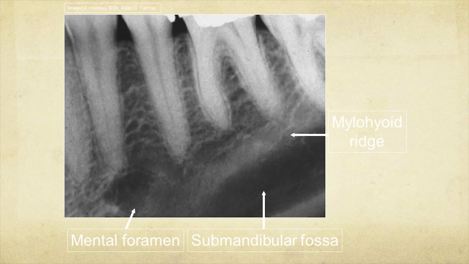Along with this, sometimes it's very common to get your normal anatomic landmarks mixed up with a pathologic condition. So this is a radiograph of your lower molar area, and you would see some areas of normal anatomic structure, like a mental foramen, which is an opening and again a radiolucent area, and you have areas where you have a submandibular fossa or a mylohyoid ridge.